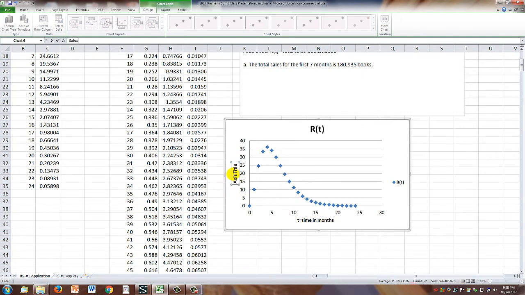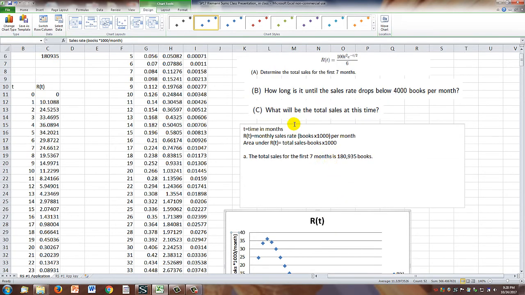That's sales rate. And that's books times 1,000 per month. That's what the sales rate is. Okay, and so we can see that the sales rate is increasing and then it's decreasing, and the question is asking how long is it until the sales rate drops below 4,000 books per month.